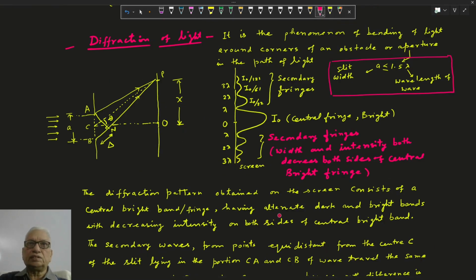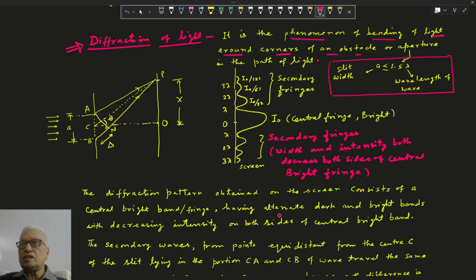Now we are discussing a different phenomenon, that is the diffraction of light. Diffraction of light is the phenomenon of bending of light around the corners of an obstacle or aperture in the path of the light. This aperture should be very, very thin in case of light. In case of sound, it is not so, because it depends on the wavelength, and the wavelength of sound is quite large.